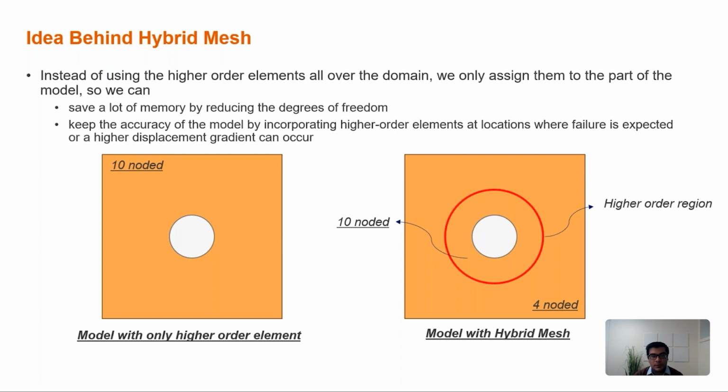So if we are able to define regions and tell the program to keep 10-noded elements inside of them and assign linear elements for the rest of it, we can solve the problem that I mentioned earlier, because we can save a lot of memory. We are reducing the amount of degrees of freedom significantly, and we can do the calculation much faster. This is the benefit of having hybrid mesh.